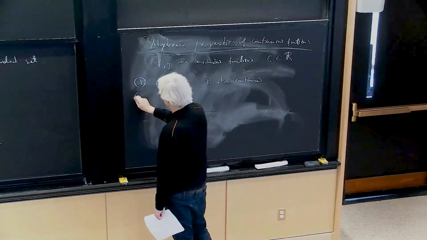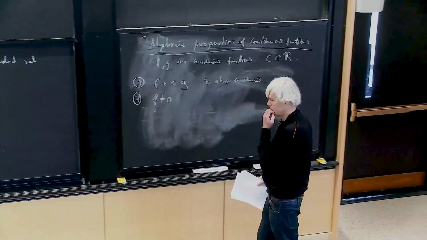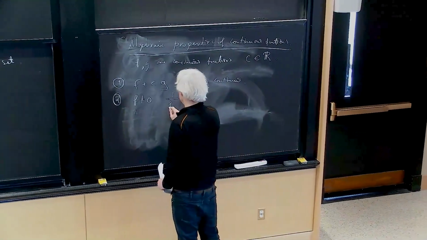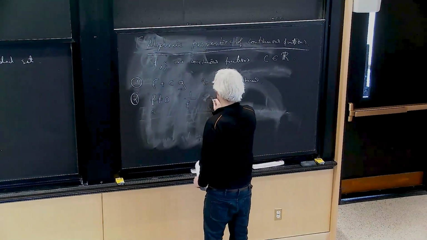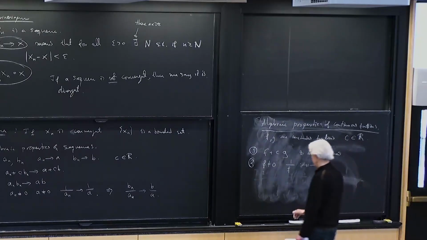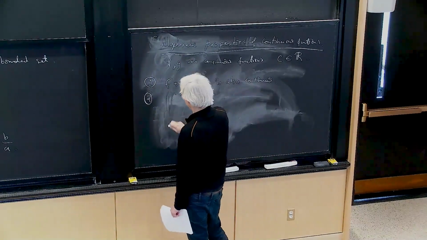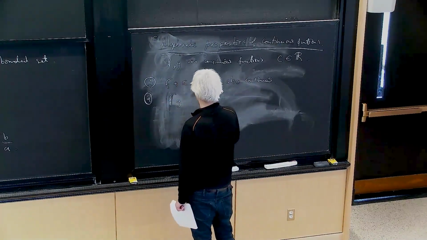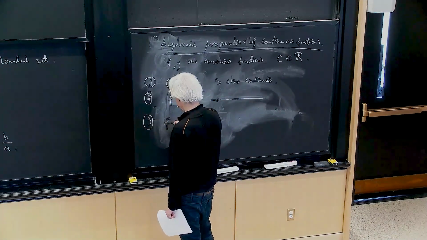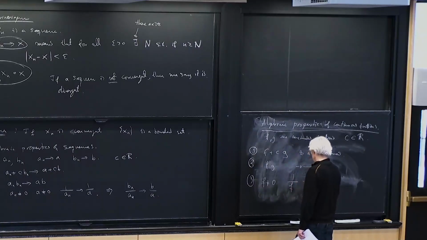And the third property is that if g is never equal to 0, then 1 over g is also continuous.